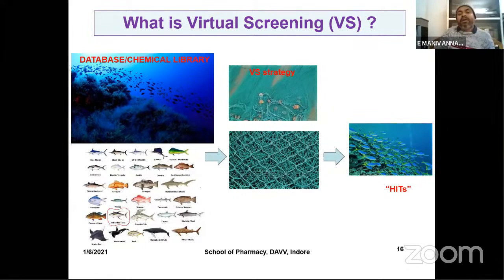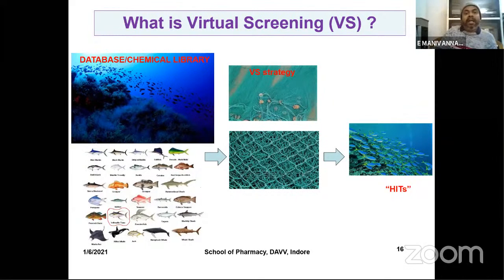For catching the yellow fin tuna fish, you have to make a specialized net, with perfect shape and size, so that you can catch only the yellow fin tuna fish. So this is comparable with virtual screening.